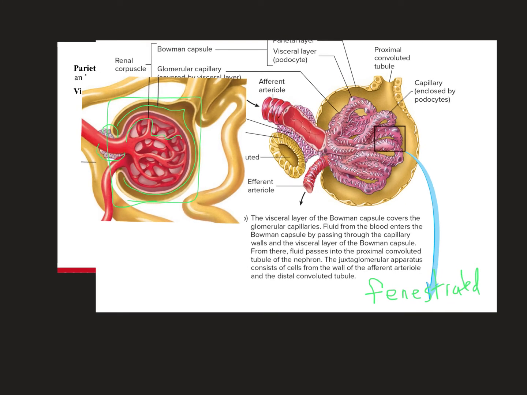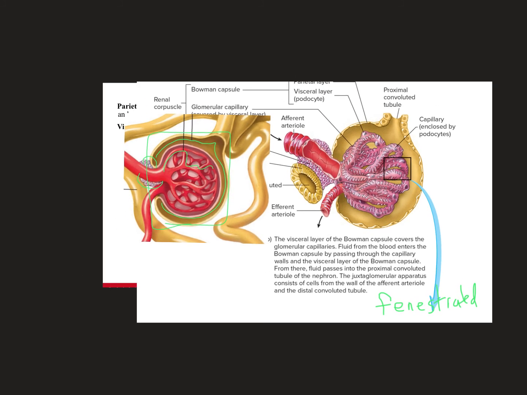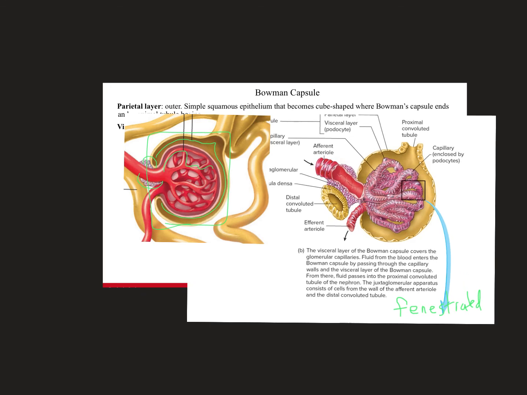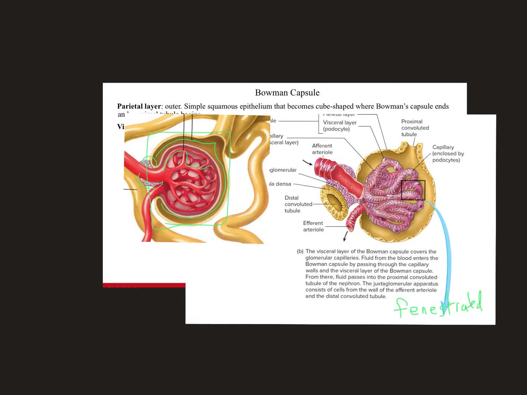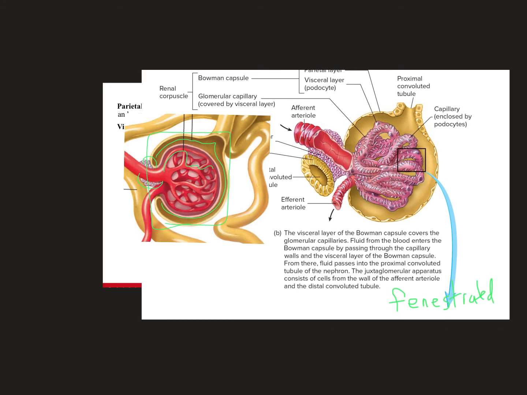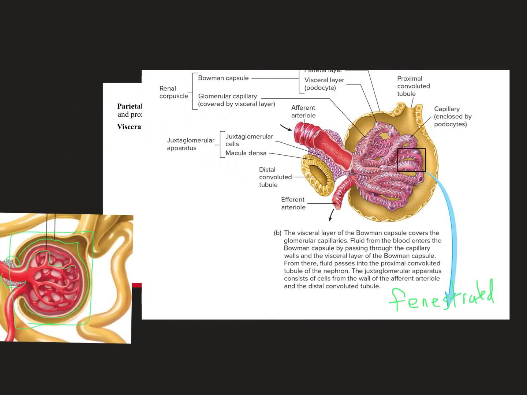Capillaries that had little spaces in them that allow things to diffuse easier. That's what we have here. We have fenestrated capillaries. And it's going to become really important later for you to remember that. It's something you can visualize a little better by seeing them like this.